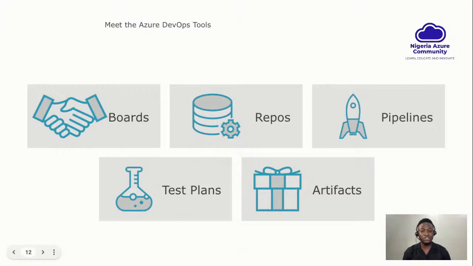So again, as you can see, we've gone through a bunch of tools, and it might get a little bit cloudy keeping track of each of these tools, right? But then Azure DevOps comes into play to help us manage each of these functions within our pipeline.